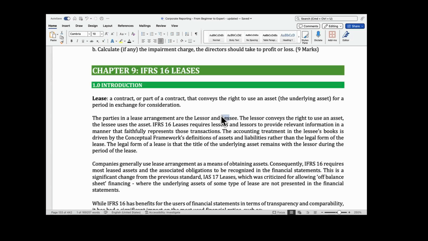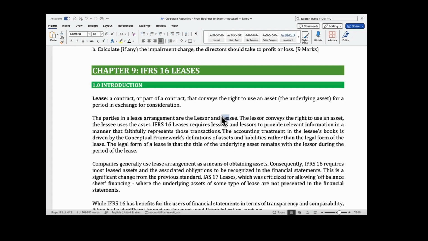And by introduction, that is a lease. You will then see from this definition that when you have an arrangement whereby a party is using an asset that is not his own for its economic activities, possibly that is a lease.